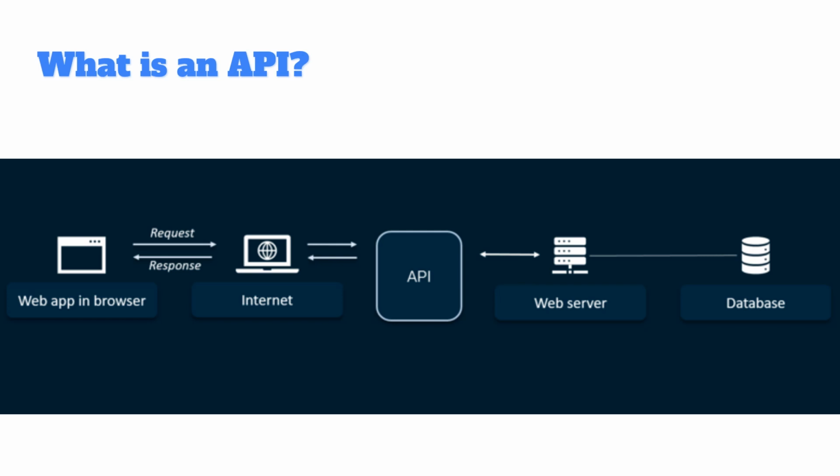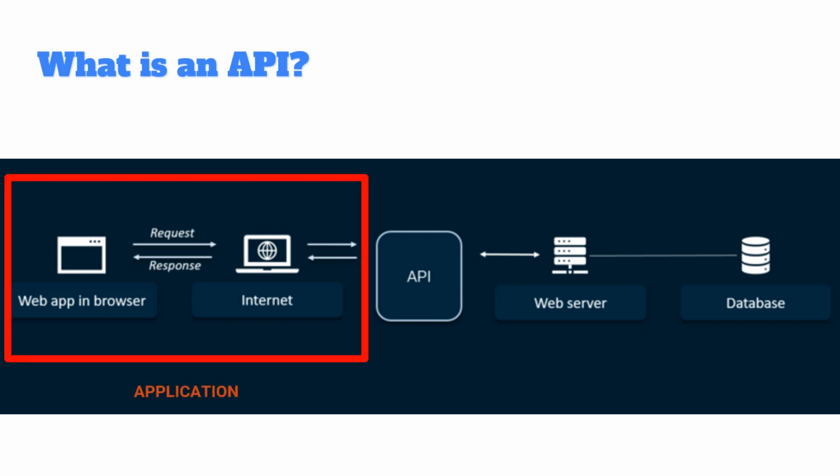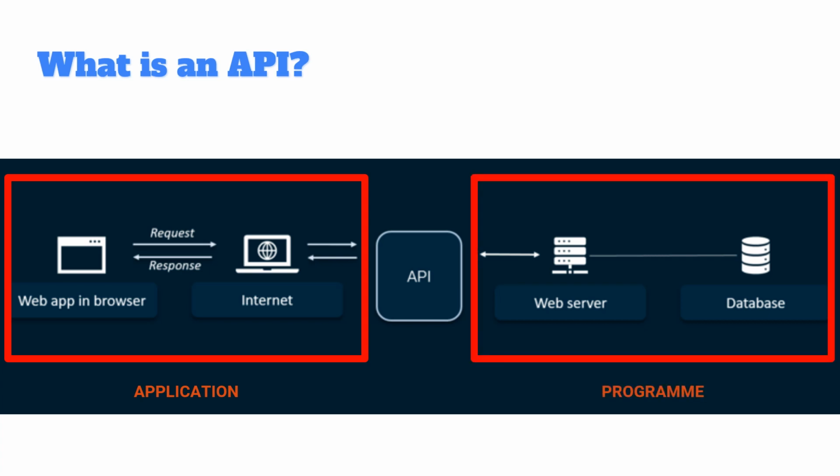Here is an image representing what an API is. We have an application. An application is a service accessible by a human or a computer program. Then we have programs, which are a set of computer functions written by a developer who performs his tasks in a place.